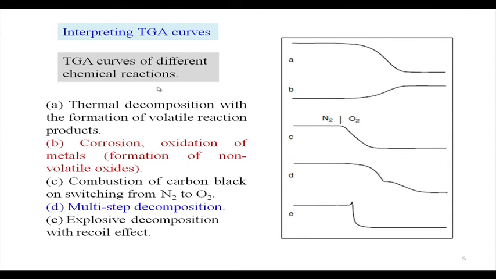Because in our previous class we saw the decomposition of mercurous chromate, where mercurous oxide forms, which is volatile in nature. That mercurous oxide is removed from the material as a volatile sample, and the weight loss is due to the loss of Hg2O.